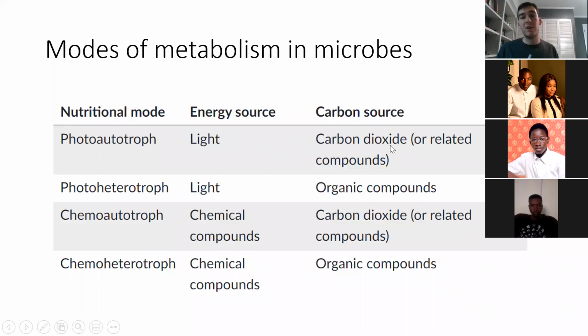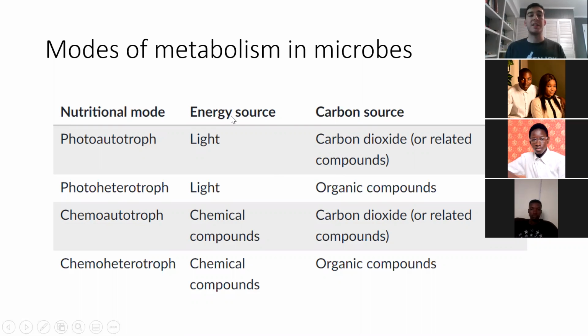Some microbes can fix carbon from carbon dioxide or other inorganic molecules, and those are called autotrophs, if they can fix their own carbon. Alternatively, many microbes need organic compounds, so things like sugar, and in that case, they will be a heterotroph.